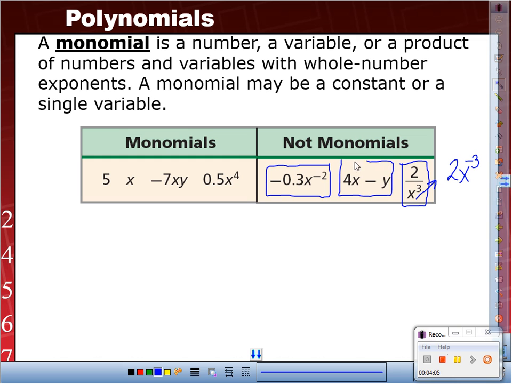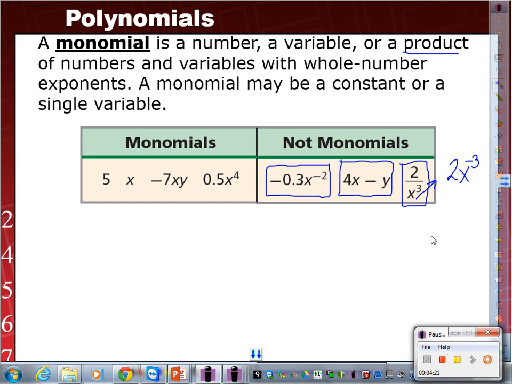Okay. Now look at this one. By looking at it straightforward, it looks so simple that it might go by as a monomial, but look at the definition. It says numbers, variables, or the product of numbers and variables. So why is that not a monomial? Talk it over with your neighbor, please. I heard because of the subtraction. That is true.